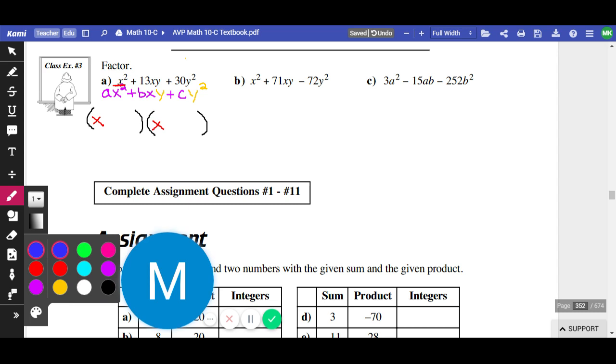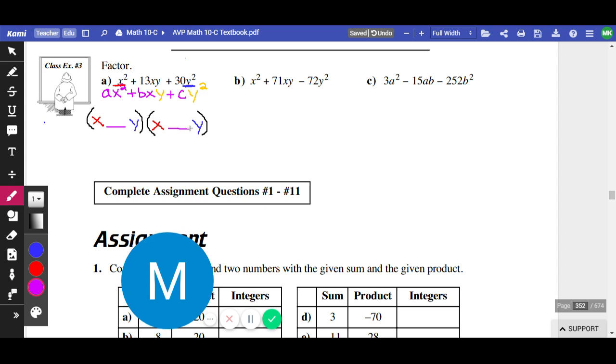The next piece of knowledge I'm going to use is that this y squared meant that I had to have my last thing be a y and a y, like that. And your job is to fill in this middle gap. So it might be plus 20y, it might be plus 1y, we don't know. It might be minus 2y, we're not sure. But we know it's got to be y and y because that would create our y squared.